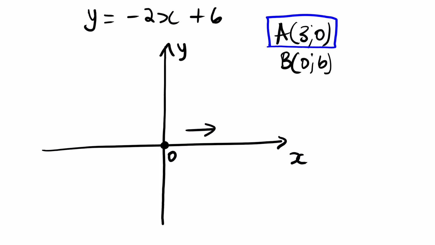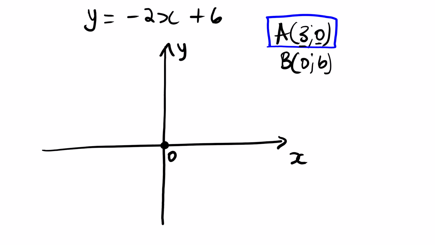Then all the values of x to the right are positive. All the values of y upward are positive. All the values of x to the left are negative. And then we have values which are negative for y. So we can see that our first point consists of a positive term and 0. It simply means that this point, which is A, will be somewhere within this region.